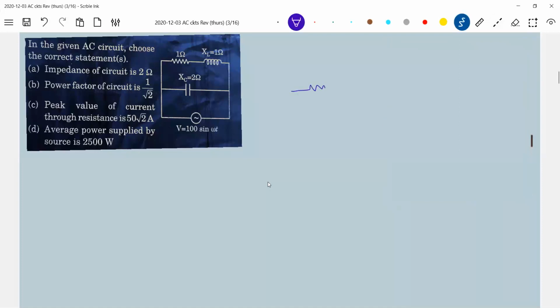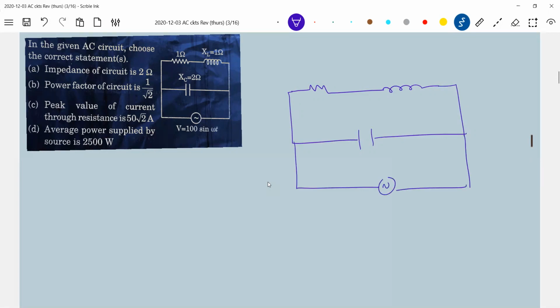So this is 1 ohm, XL 1 ohm, XC 2 ohm. I discussed a good number of numericals. One problem I just picked up: this will be 100 by root 2 as VRMS.